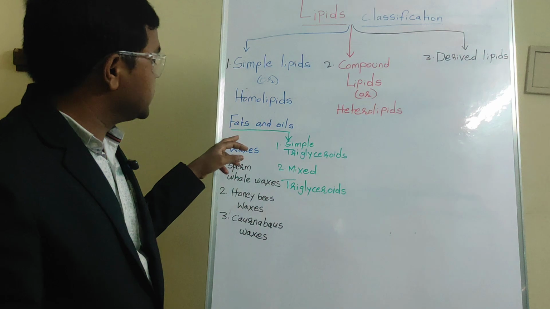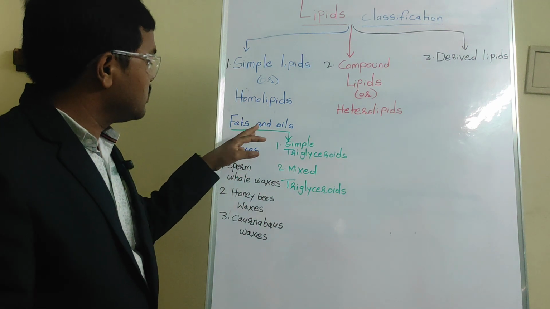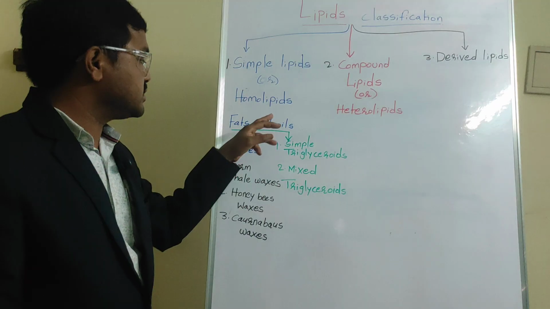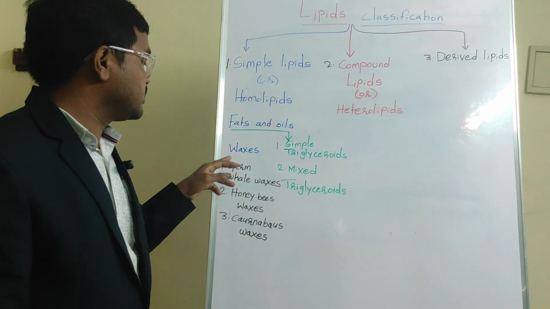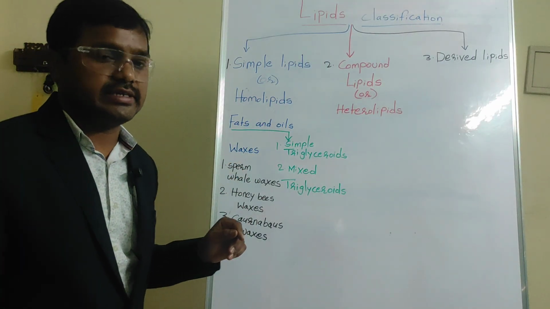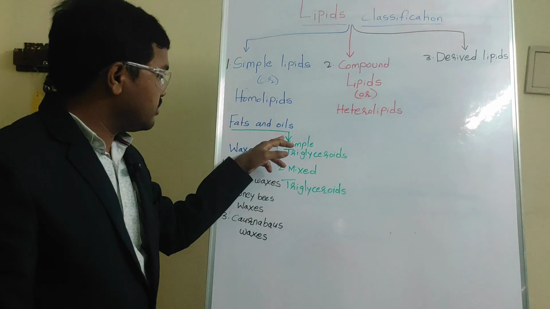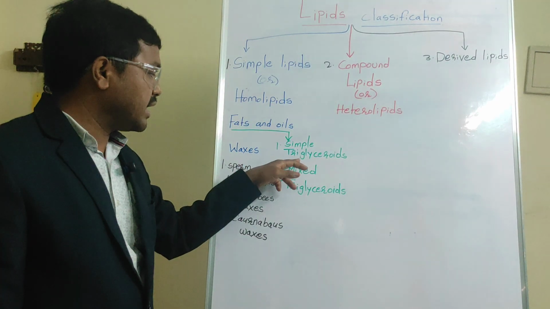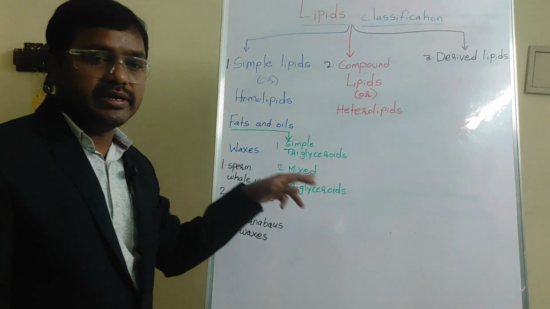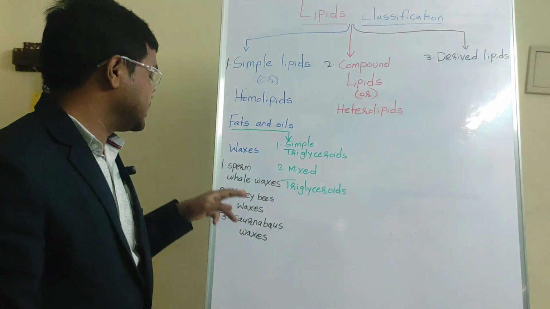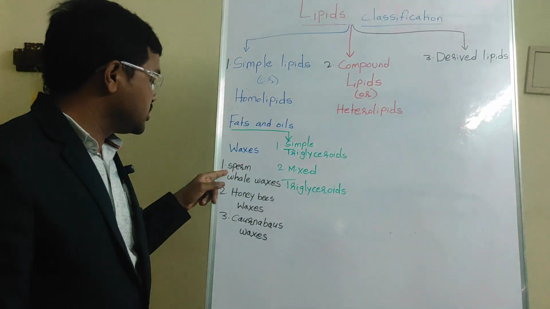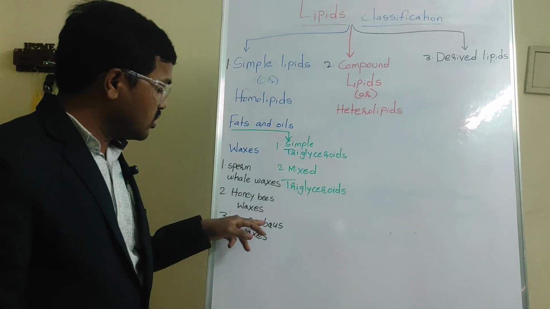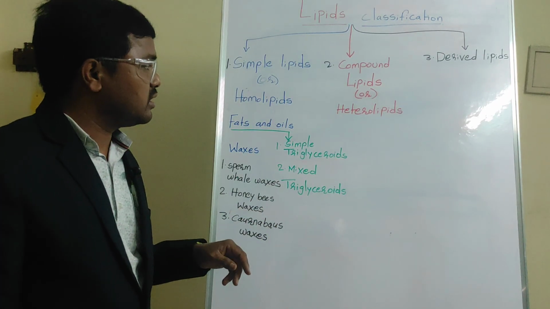Simple lipids are again classified into two types: fats and oils, and second one is waxes. Fats and oils examples: simple triglycerides and mixed triglycerides. Waxes: sperm whale waxes, honeybee waxes, carnauba waxes.